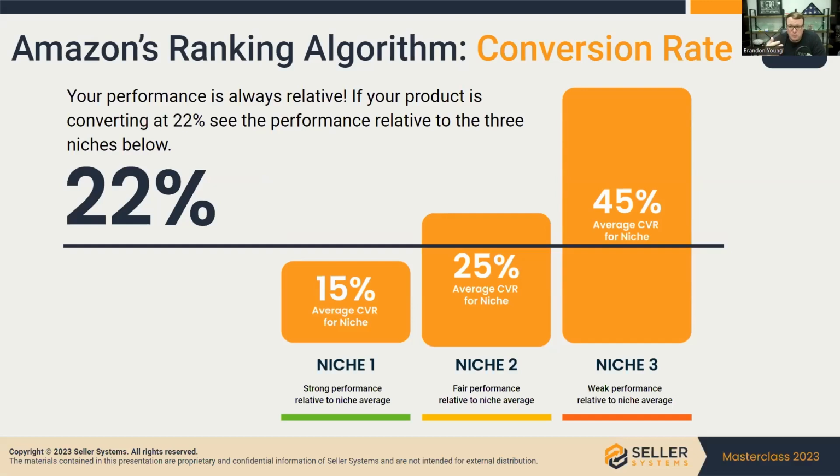It's a simple purchase for them and they just want to buy it. But you have another niche where there's not a lot of differentiation in design, but it's a little bit more expensive product and people are shopping around a little bit more for something that they feel more comfortable with. That might have an average conversion rate of 25%.